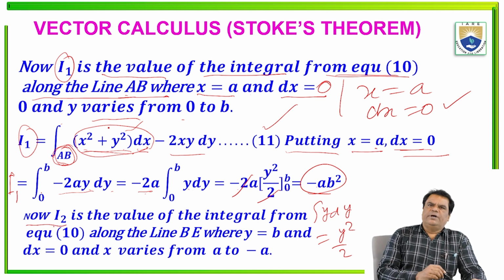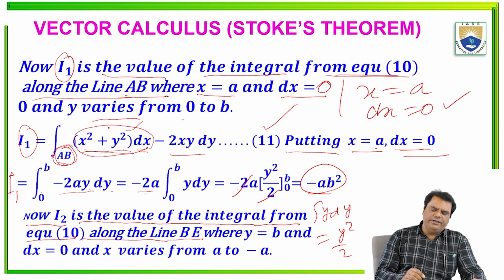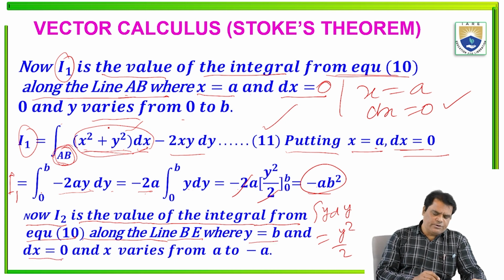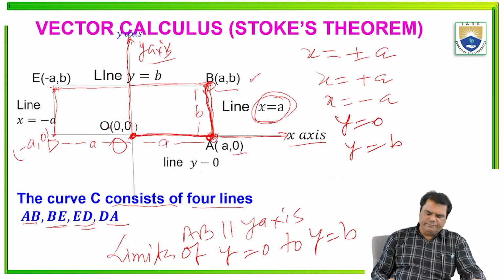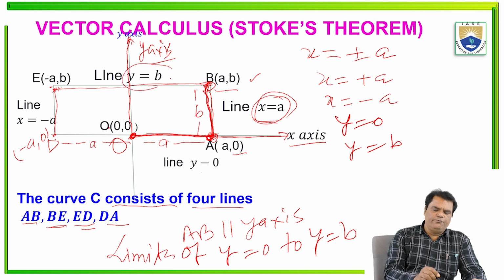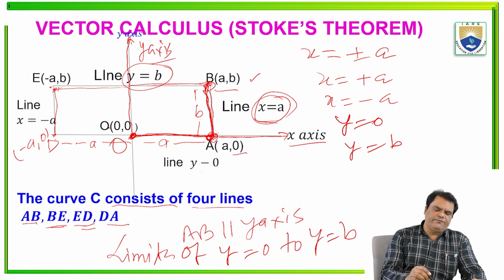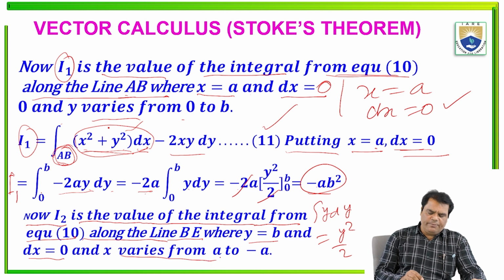Now I2. The value of the second integral is taken from the same equation 10 along the line BE, from B to E, where y equal to b, so dy is 0, and x varies from a to minus a.